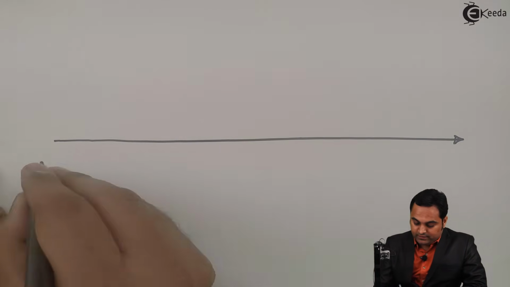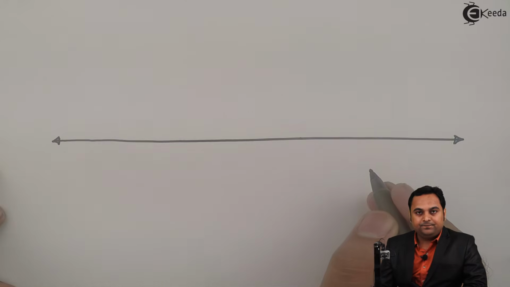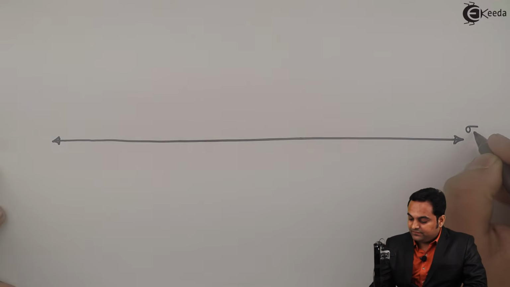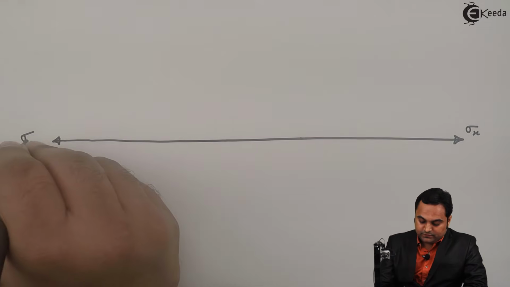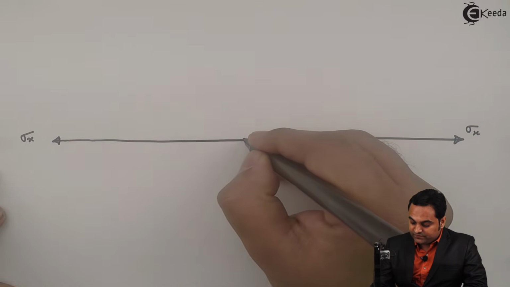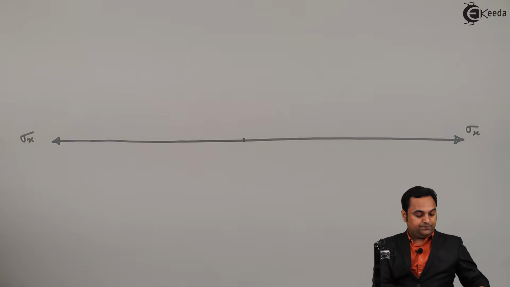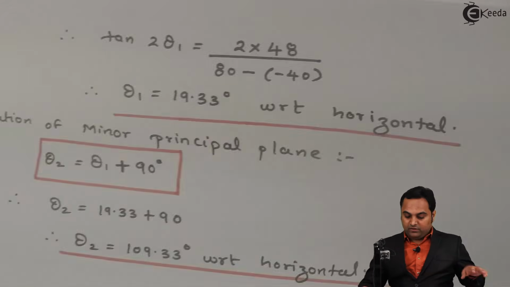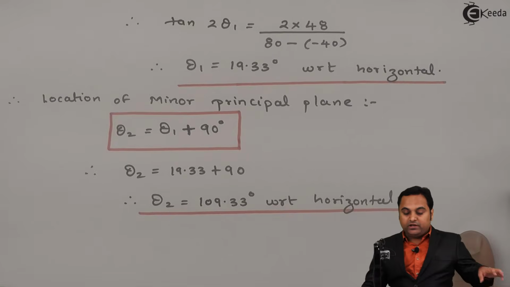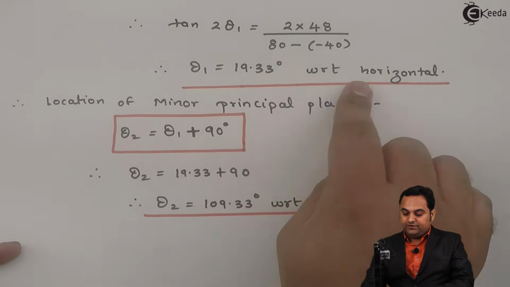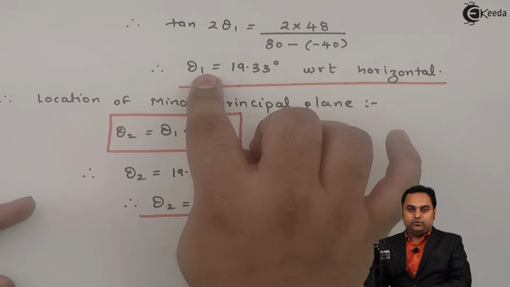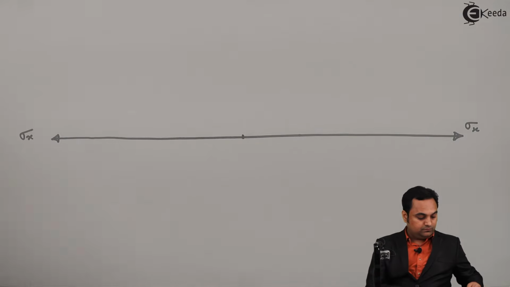First, I have drawn a horizontal line. This represents sigma x. It was tensile. Next, the first thing which we have found out was theta 1, that was the location of the major principal plane. We have found out theta 1, it was 19.33 with respect to horizontal. First I will locate theta 1, then theta 2.